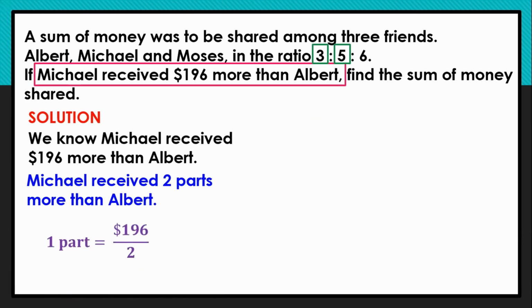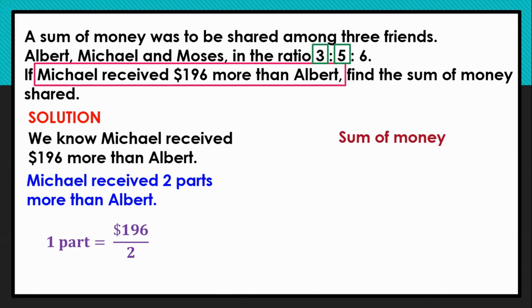So now that we know how many parts Michael received more than Albert, we can find what 1 part is. To find 1 part, we are going to divide 196 by 2, which gives me 98.